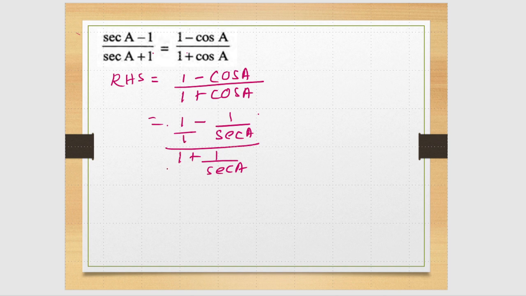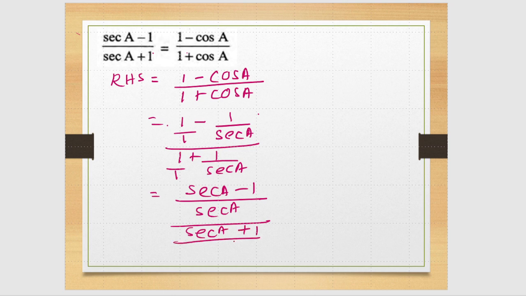Why am I writing 1 by 1? Some have the confusion of fraction subtraction till today. So to avoid this confusion, any number, you all know any whole number has 1 in the denominator. So now do the fraction subtraction and addition. You will get (sec a minus 1) by sec a, plus 1 by sec a.